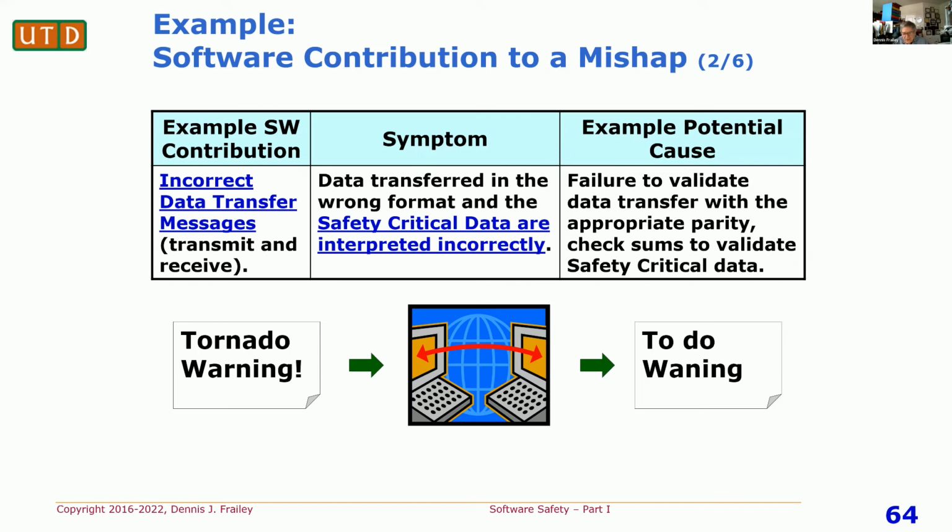And they don't realize there's a tornado warning, so they don't take care or protection. They don't seek a safe place to go, and then the tornado hits and they're harmed because they weren't warned about the tornado because of a data mistake. You transmitted the data incorrectly.